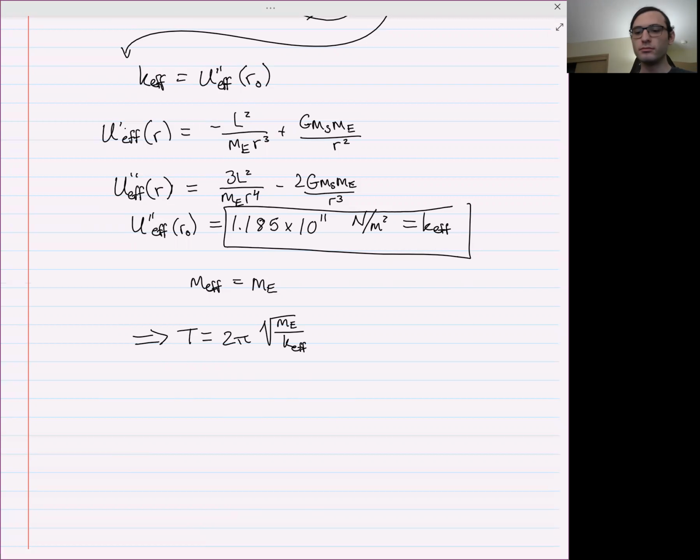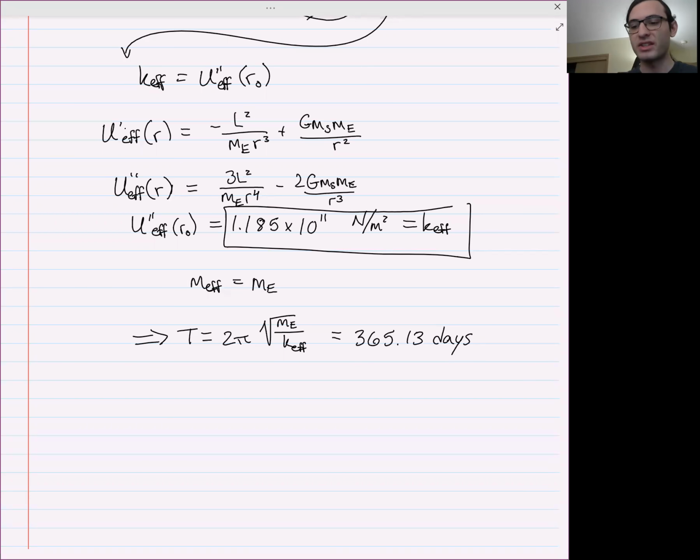And so you can actually go and just explicitly compute that. And you'd find that this is equal to 365.13 days, which isn't exact, right? 1 year is actually 365.24-ish days. It's off by maybe a few 10,000ths of a percent, but it's very, very close.